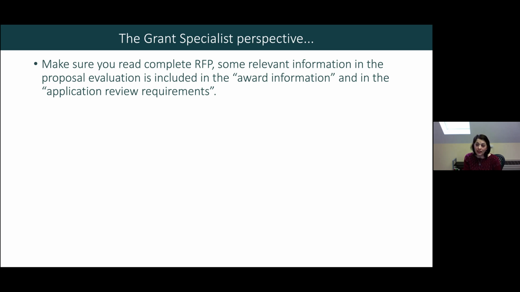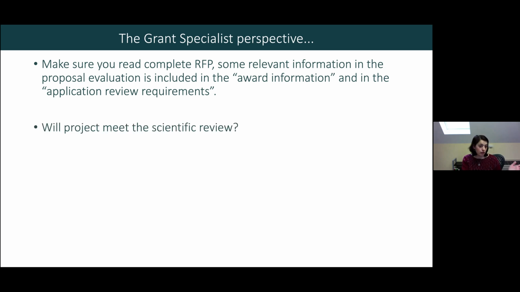The final sections on award information usually mention, okay, we're going to fund proposals that are aligned to this or that priority, or we are looking for certain requirements in your proposal. And if those weren't included because you never went through the whole guideline, that's a mess.